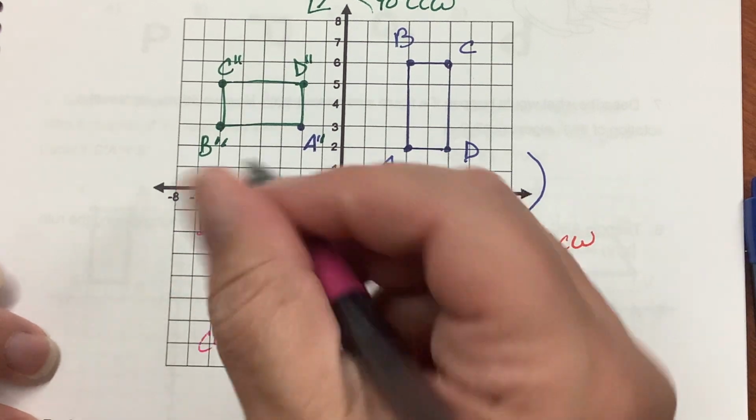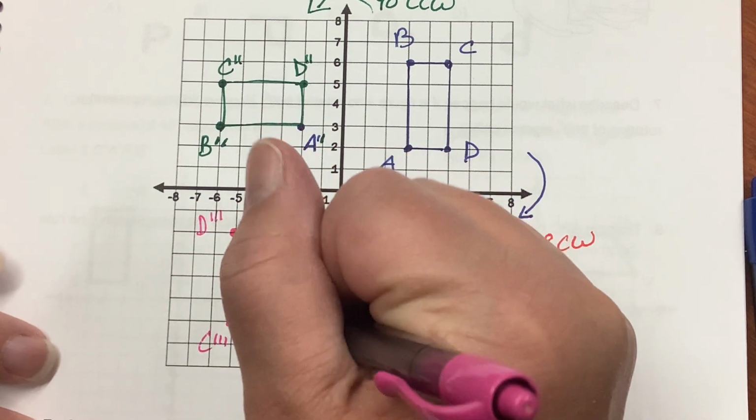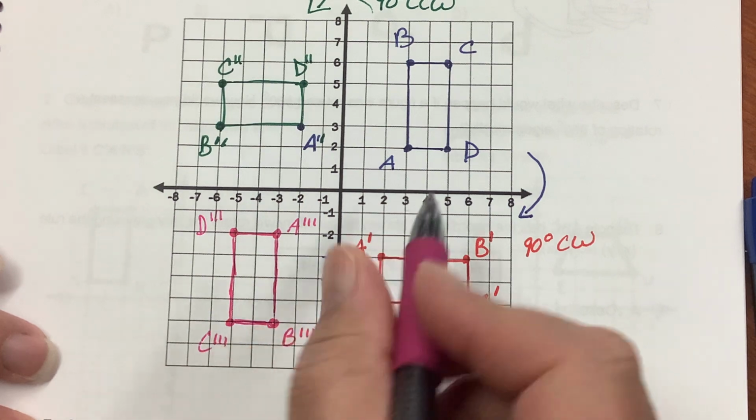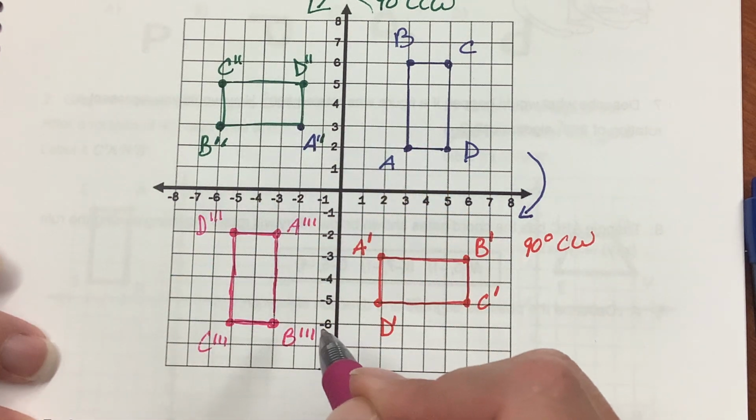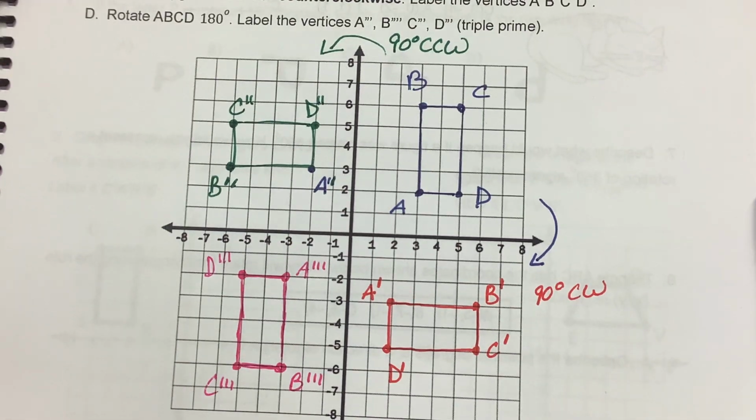Play connect the dots. Wish I had a slightly better pen. And here we go. That's a 180-degree rotation. And it could be clockwise or counterclockwise. It doesn't matter for that one.